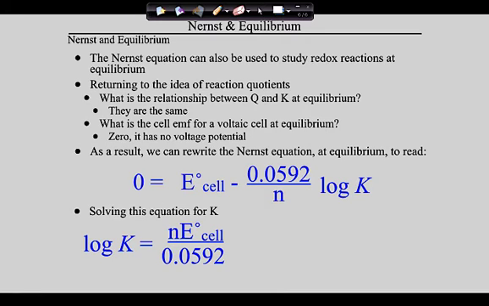But guys, notice what this is telling us. There is a relationship between K, products divided by reactants, and the voltage for the cell. So if you know the standard voltage for a cell, you can figure out the value of Kc.